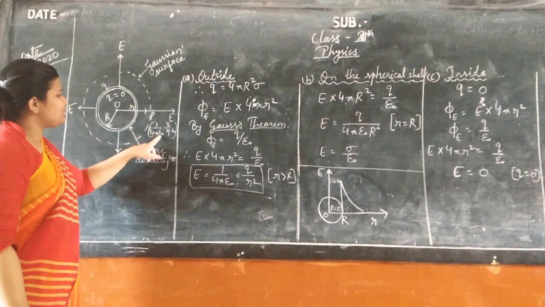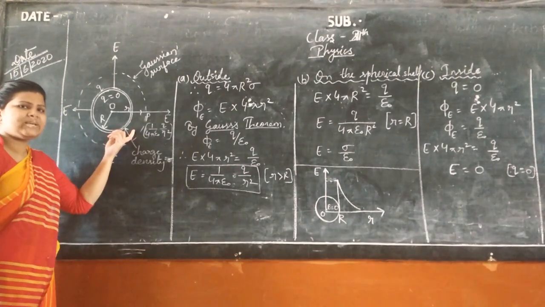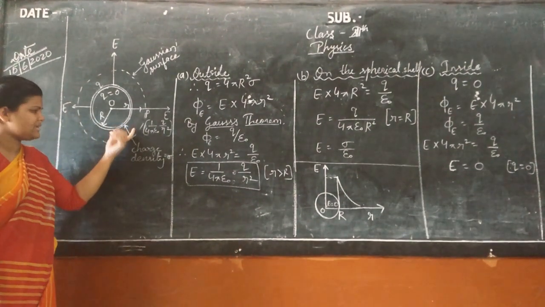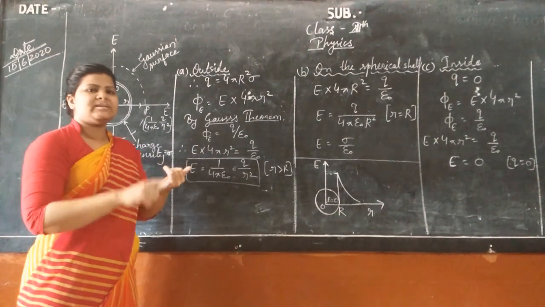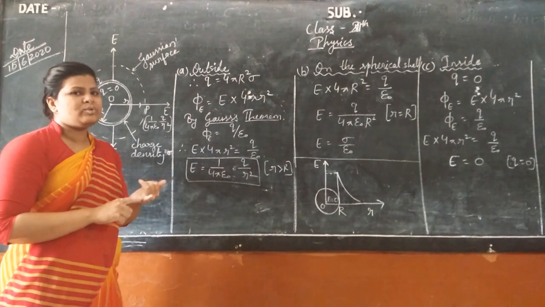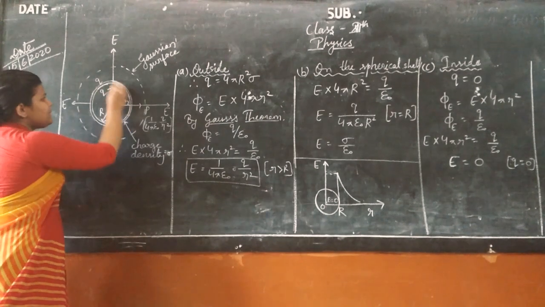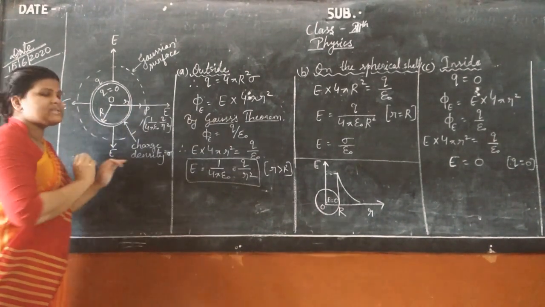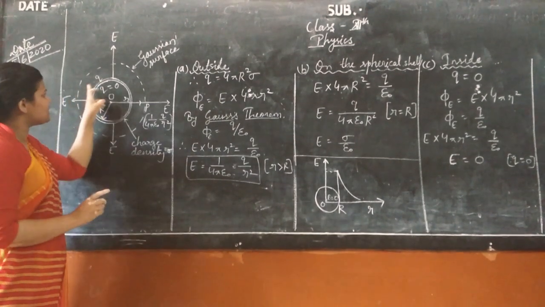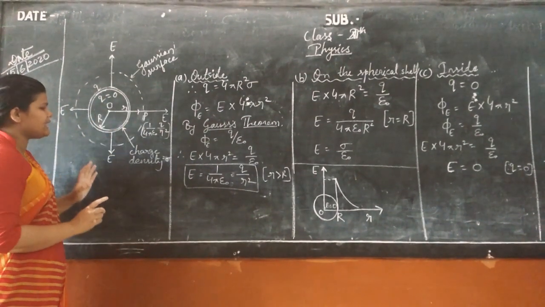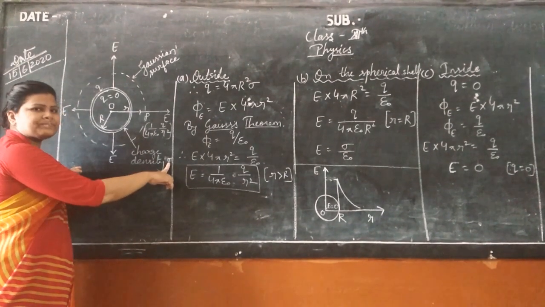Here E equals to 1 upon 4 pi epsilon naught Q upon R square, and the charge density on this spherical surface is sigma. What is linear charge density, surface charge density, and volume charge density? That also we have already discussed. So here which type of charge density will be there? Surface charge density, because it is a hollow shell, so on surface only charges are there. That's why it is surface charge density, which is denoted by sigma.